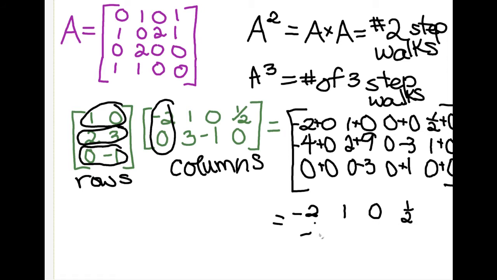Negative 4 plus 0. 2 plus 9. 0 minus 3. 1 plus 0. 0 plus 0. 0 minus 3. 0 plus 1. And 0 plus 0. So here's our final answer for this practice problem.